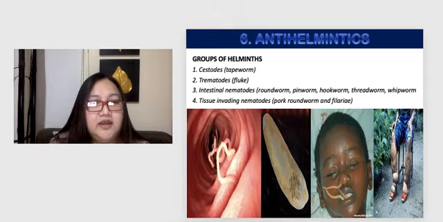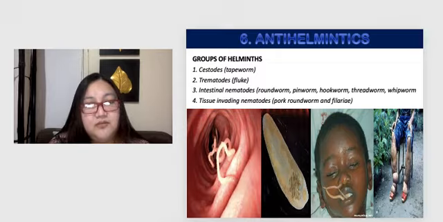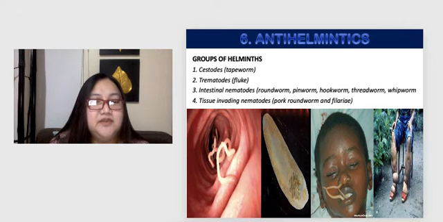Okay? In micropara, pinag-aralan nyo, Ascaris lumbricoides. So, isa siyang giant roundworm. Ganon din yung Enterobius. Pinag-aralan nyo yan. Siya naman yung pinworm. Okay?